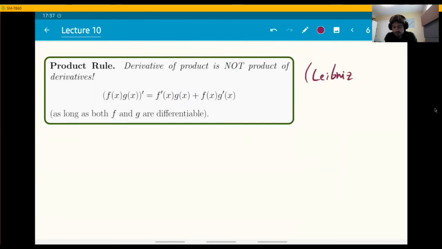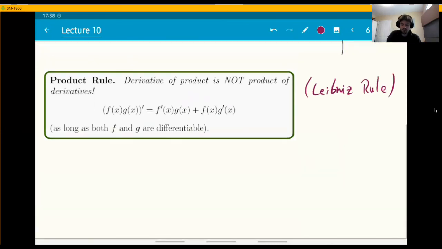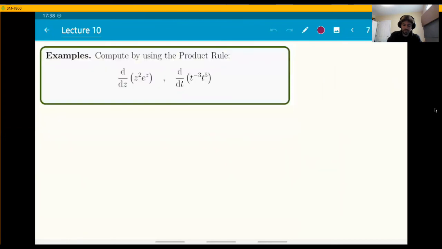Leibniz was one of the people who invented calculus back in the 1700s, maybe, or even 1600s. So this is the product rule. We'll see some examples of this. Compute by using the product rule.